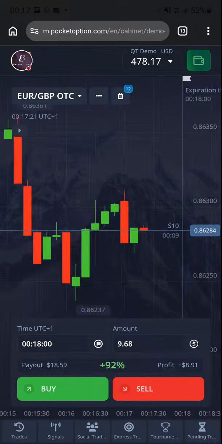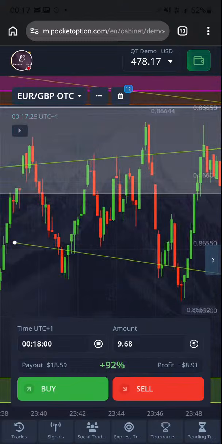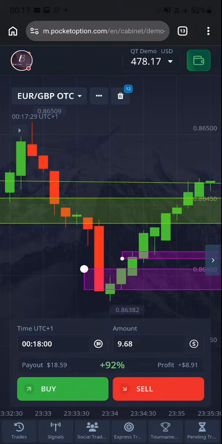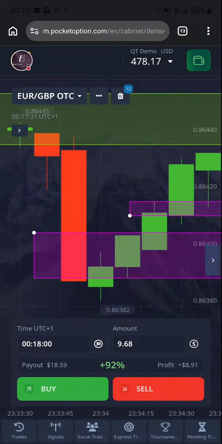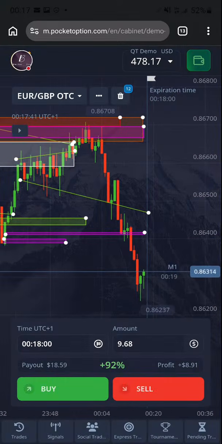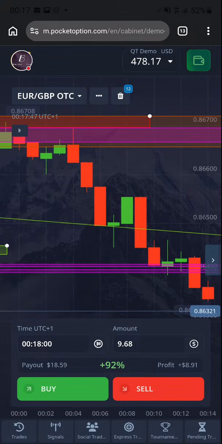I'll keep going to a lower time frame until I see the entry I'm looking for. Okay, this is the entry. You see this overlapping level. There are two overlapping levels. There's one here, and another one down here. So I marked the two. So if you go back to M1 now, you see the two entries. They are very small in M1, but you can see they worked. This is how you take QM trades.